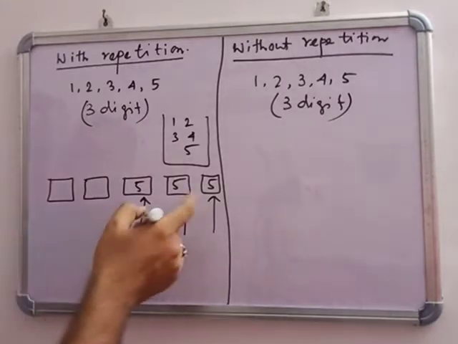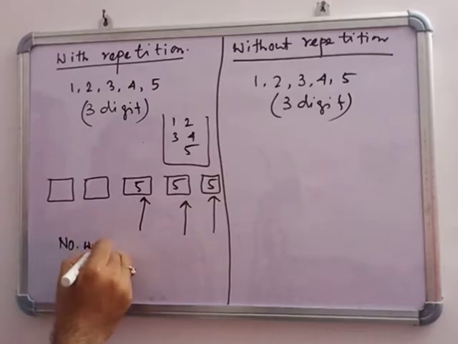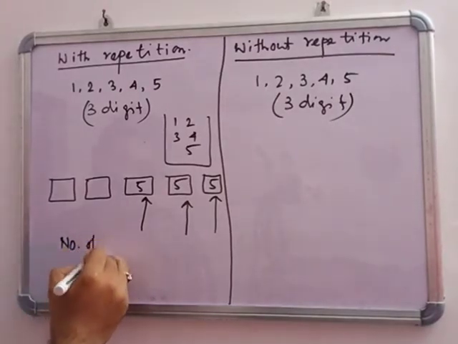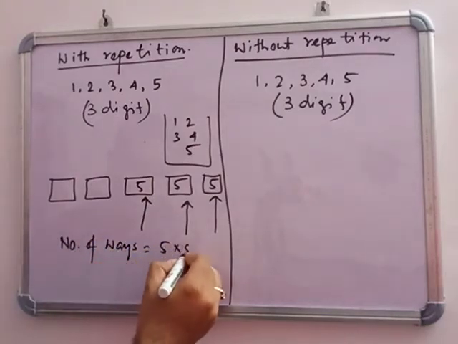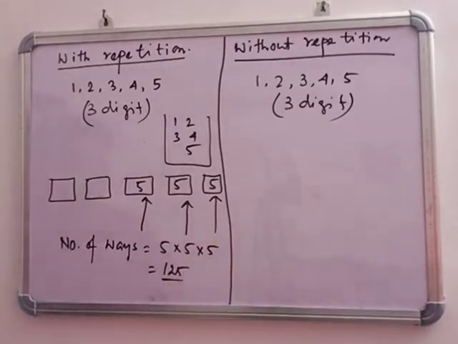So the number of ways is 5 into 5 into 5, that means 125. So 125 ways are there if you arrange this number with repetition.